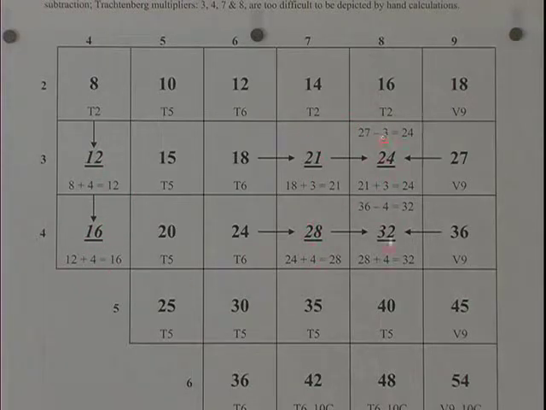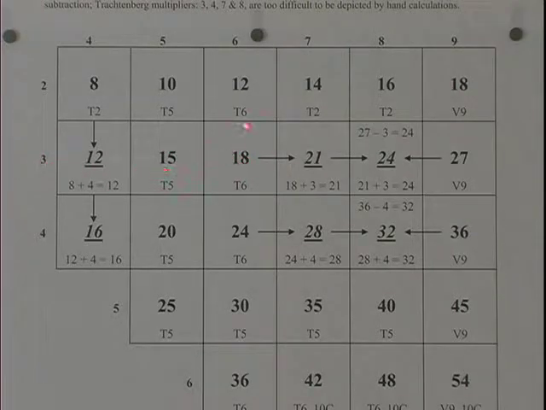These 2 are missing. They can be done by multiplier, Trachtenberg 7 and 8, but it's too difficult to put it into hand calculations. Too many mental operations. So what I'm going to do is use Trachtenberg 6 times 2, 6 times 3, I get 18, and I'll show that shortly using the hands, using the model, or using my hands.